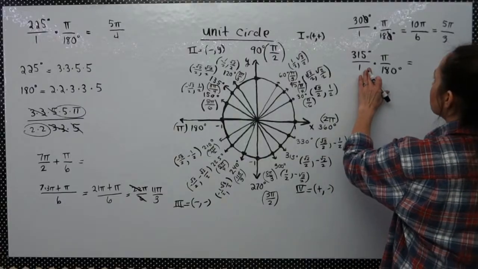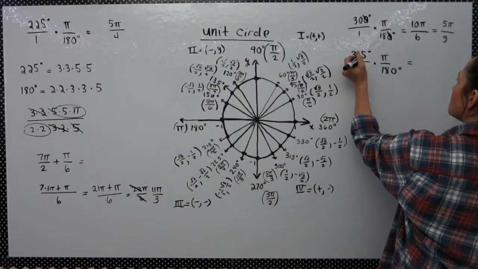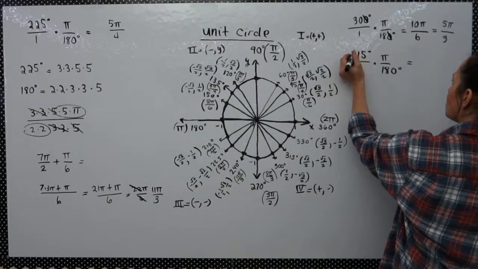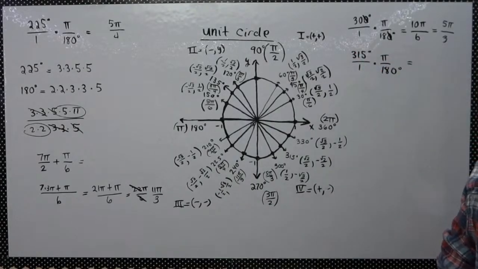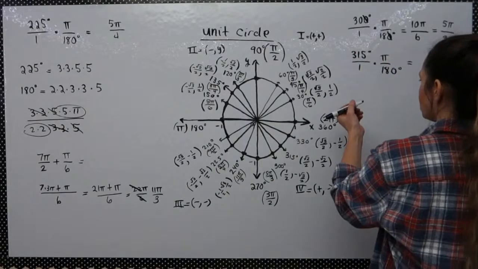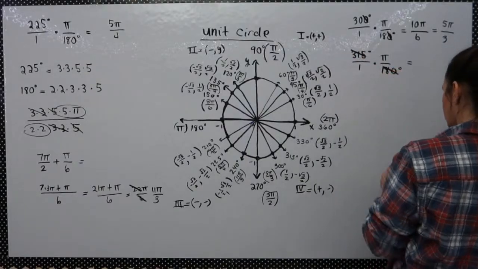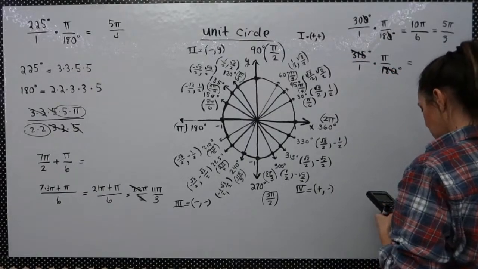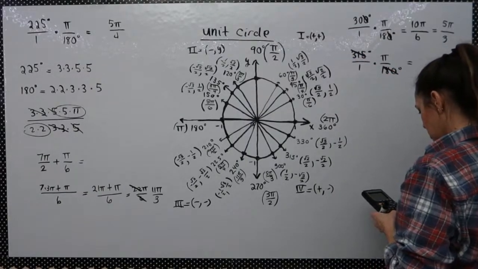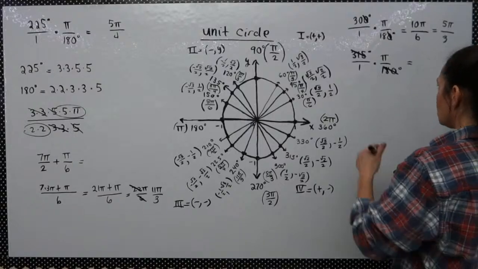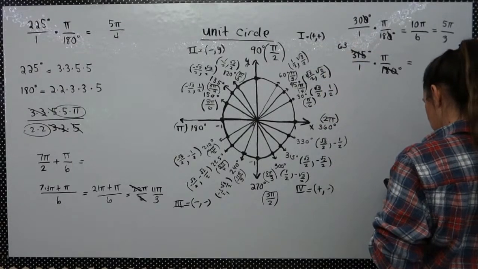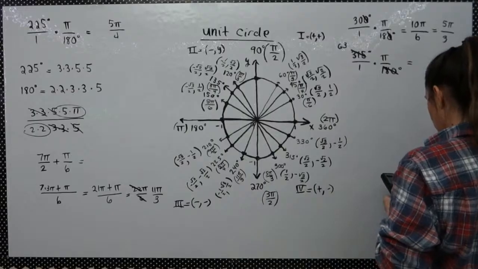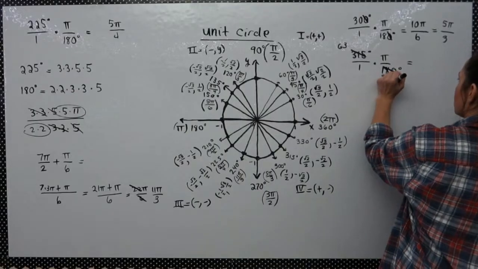Let's see, 315 to 180. That's a harder one to convert. So then you just have to start dividing out. I know they're both divisible by 5. So we'll do 315 divided by 5. We got 63. And then it's 36.